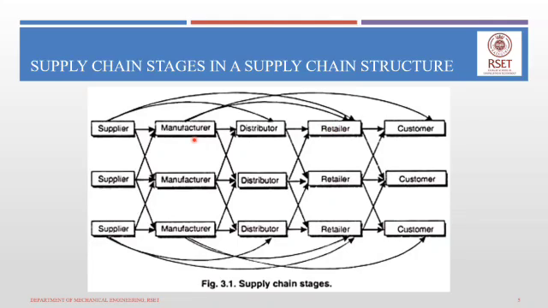and any typical supply chain structure consists of these 5 stages. Generally, some of these stages may or may not be present as per the design requirements of that particular organization. So any supply chain structure will contain a stage of suppliers, a stage of manufacturers, a stage of distributors, a stage of retailers, and a stage of consumers.